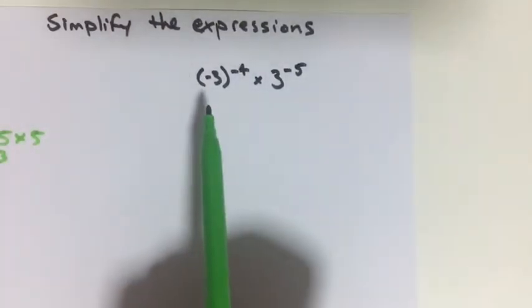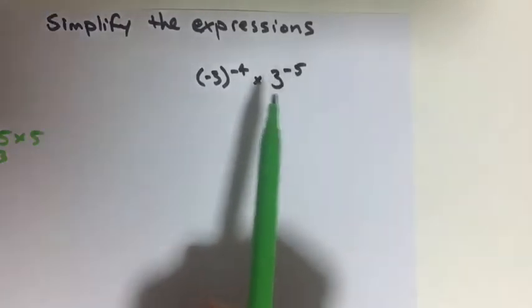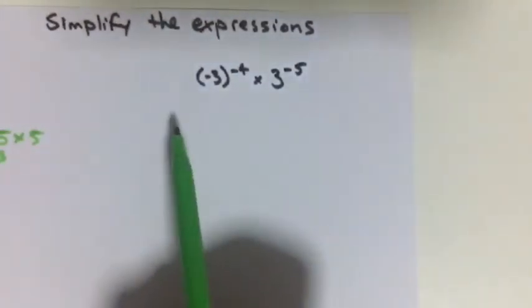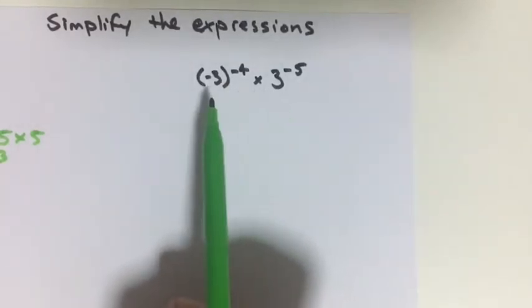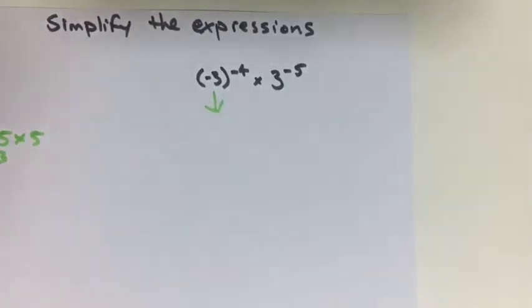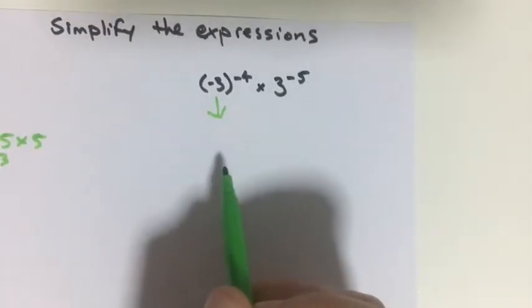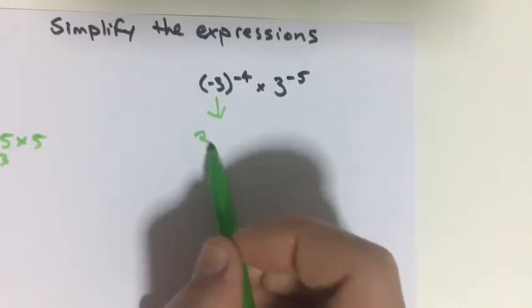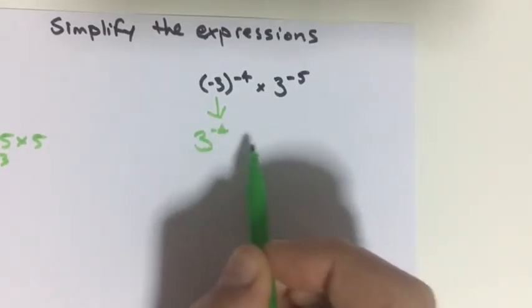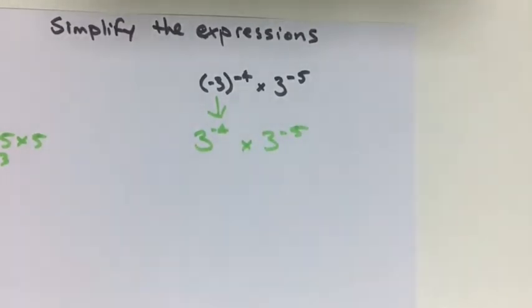We have negative 3 to the power of negative 4 times 3 to the power of negative 5. Now, we don't have the same base, but we have a negative base raised to an even exponent. So this is actually the same thing as positive 3 to the power of negative 4, times 3 to the negative 5.